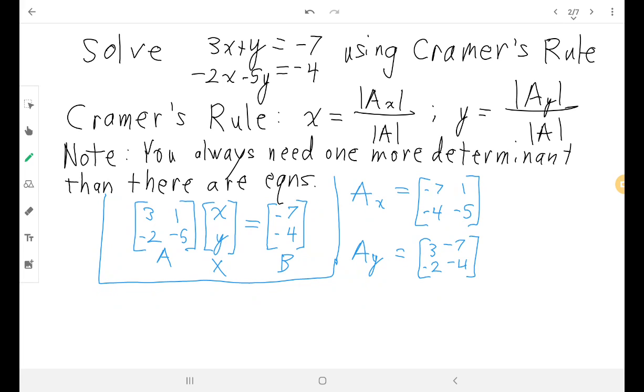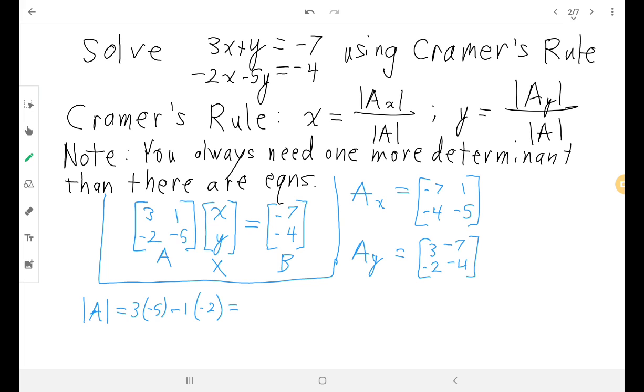So then we just have to get all of our determinants. So the determinant of A would be 3 times negative 5 minus 1 times negative 2. Remember, we go to A, and you go those diagonals minus those diagonals. Okay?